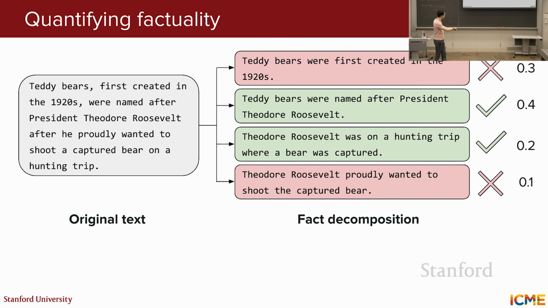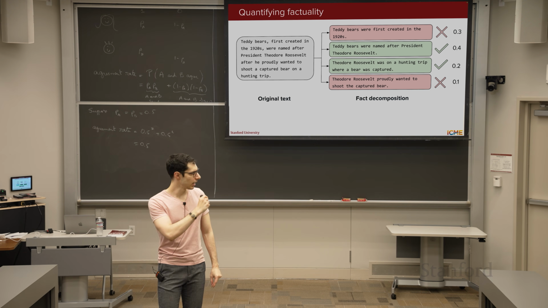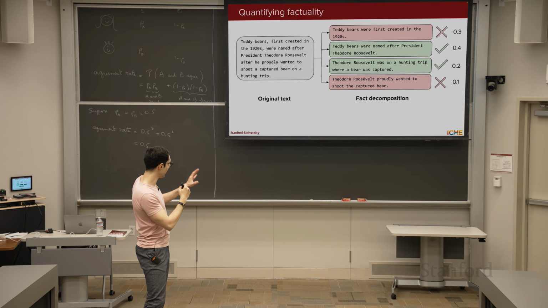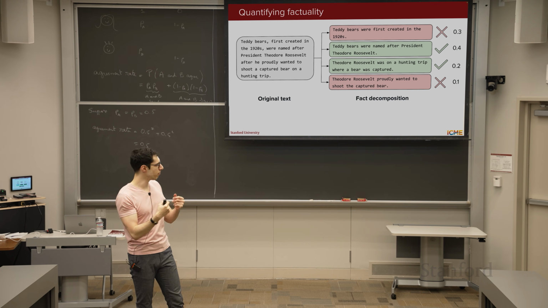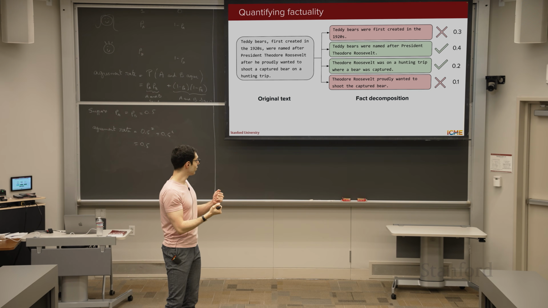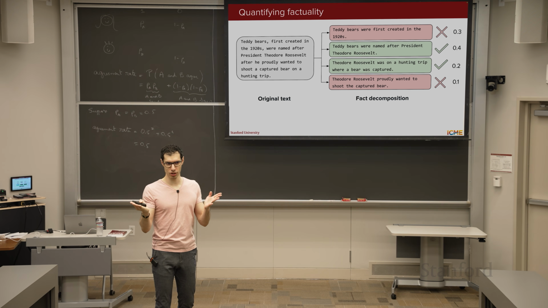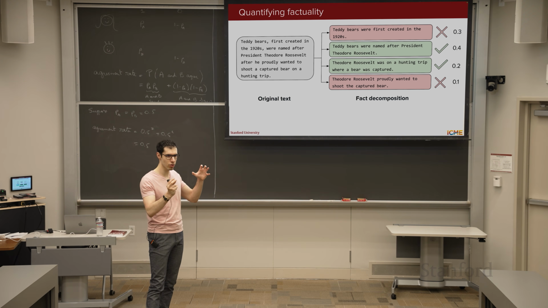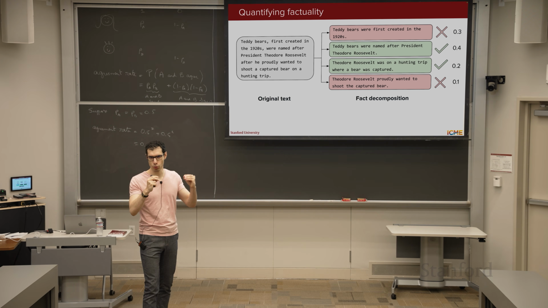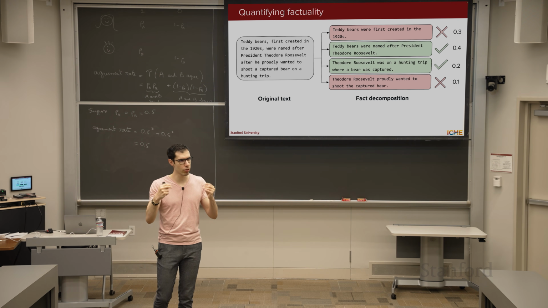And so you can also think of some facts being more important than others. As an example, maybe the fact that the president proudly wanted to shoot the bear is not as important as, let's say, the name of the person after which the teddy bears were named. So you can think of also having weights that quantify the importance of each fact.